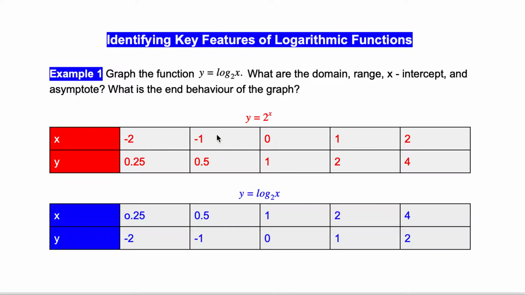You see here -2, -1, 0, 1, and 2. And here in the log function the range is -2, -1, 0, 1, and 2. So whatever is the range in the exponential function is going to be the domain in the log function.